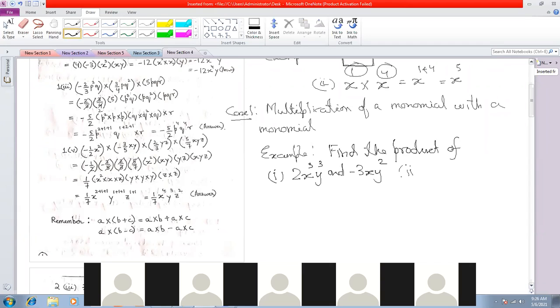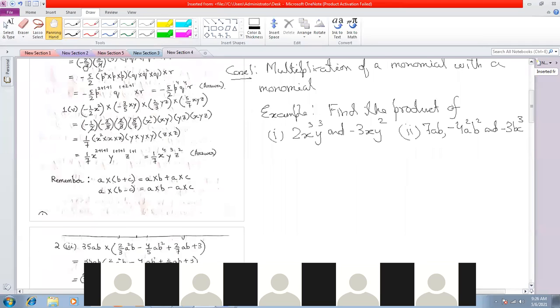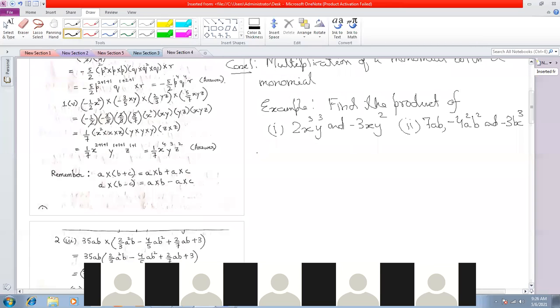And the second one is 7ab, minus 4a square b square c square, and minus 3bc cube. Okay, so we'll just do these two today and end the class for today.